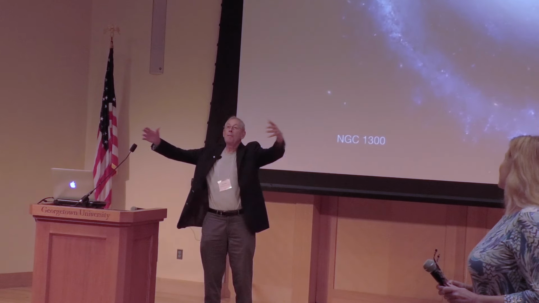First, let me urge you all, Google Galaxy NGC 1300, and this image will hit you in the face, and you will look very close to the center. You will see these rings, the spirals of dust lanes.